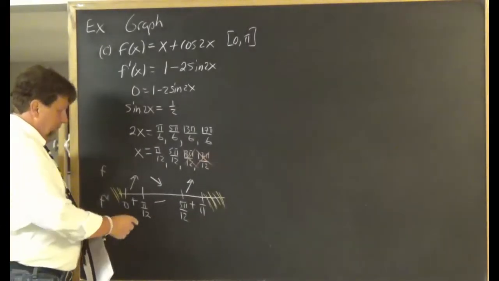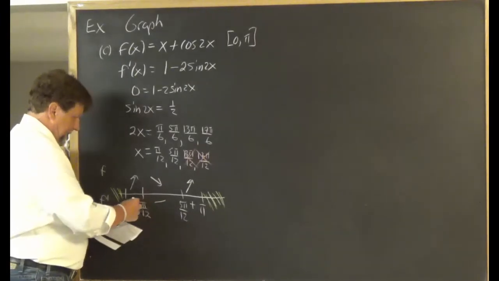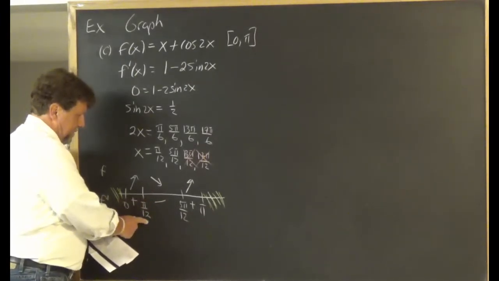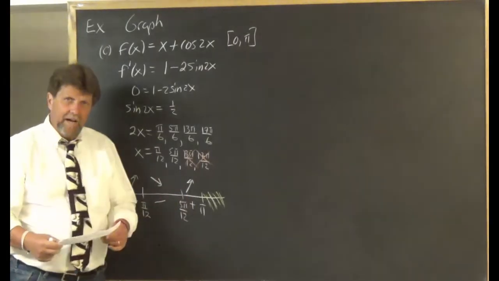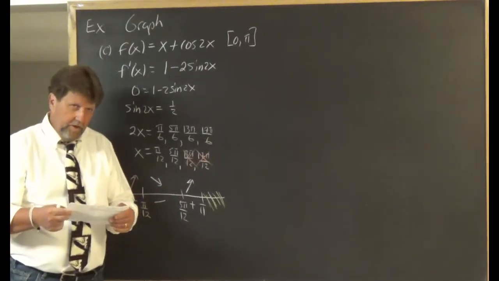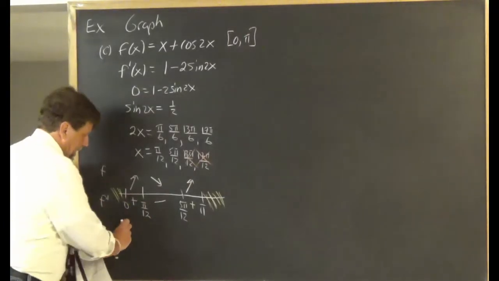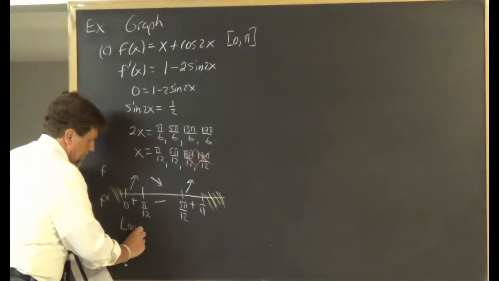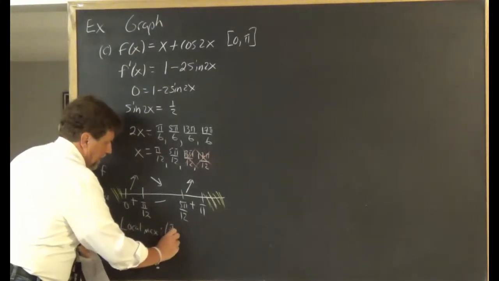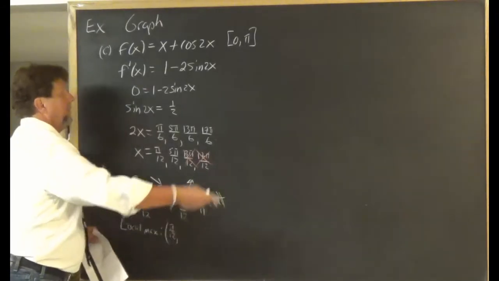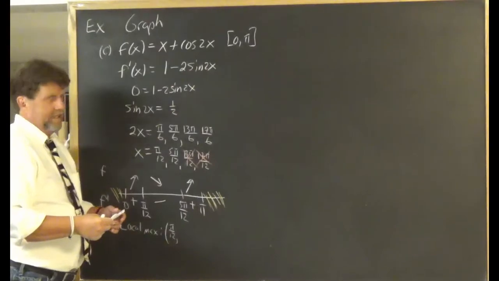So now, folks, I see where the function's increasing and where it's decreasing. I see there's a local max at pi over 12. There's a local min at 5 pi over 12. So the local max, I can write that here, is at pi over 12, and then I put pi over 12 back in here to the function to see what comes out.